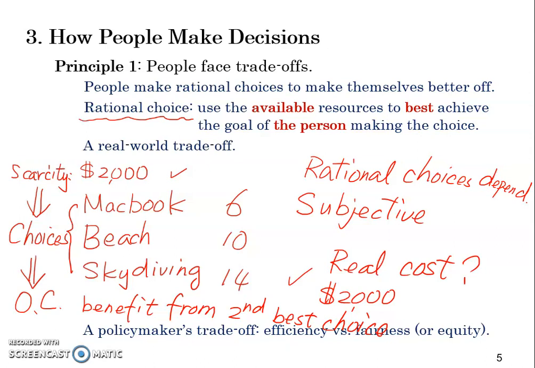Now, a quick example could be the federal government deciding to give $10 million in tax dollars back to the taxpayers. It's like the tax cut policy conducted by the Trump administration. Suppose the budget is $10 million.